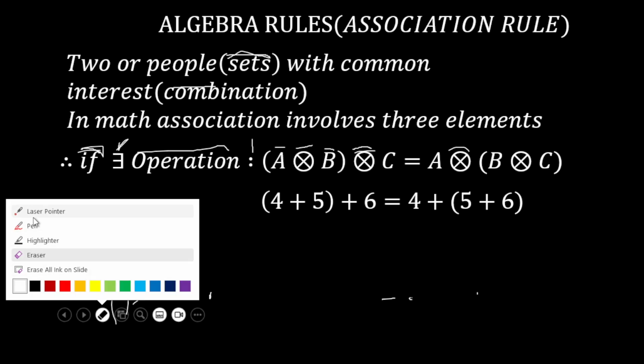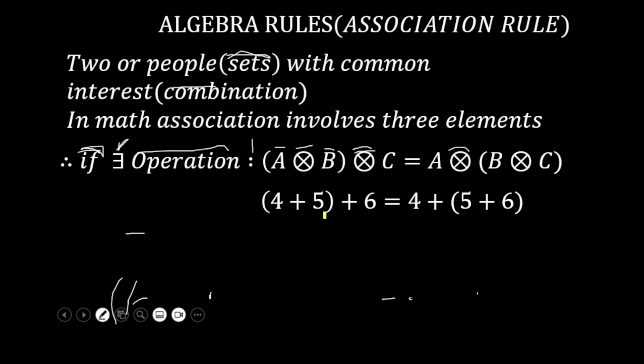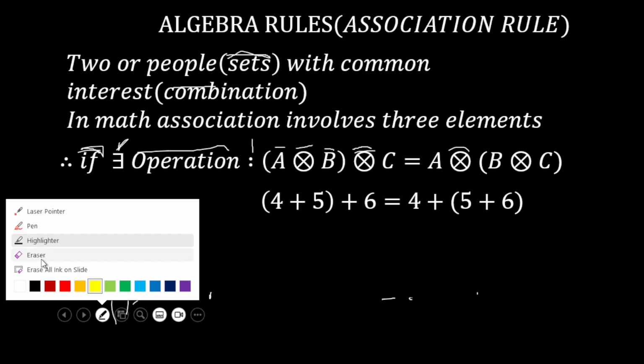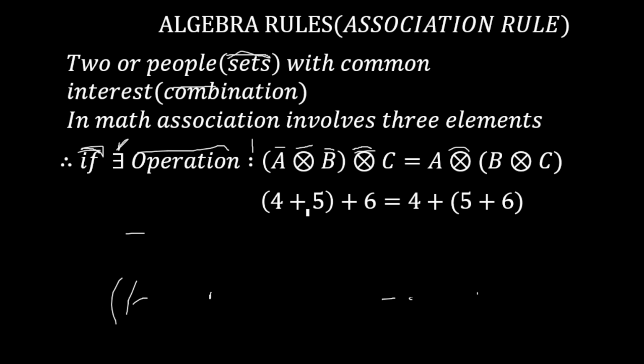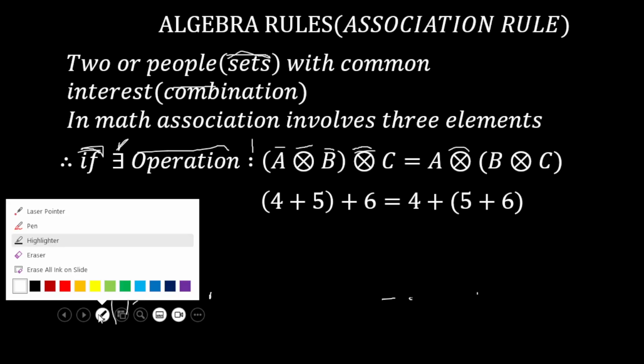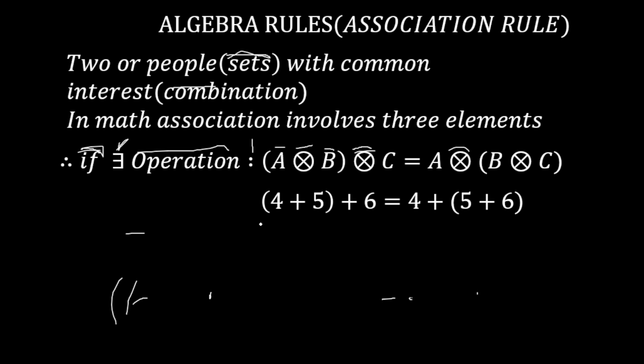And what it is saying is that, let us look at a situation where we have 4 plus 5 first. What is our answer? This is 9. So the result of combination of 4 and 5, if it combined with what? 6. So the overall answer is going to be 15.